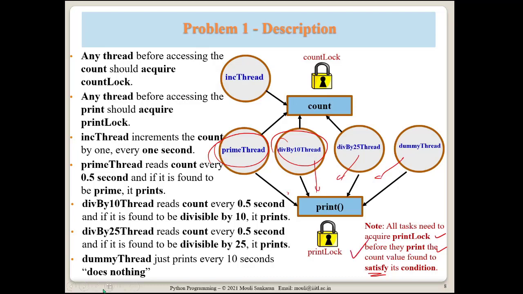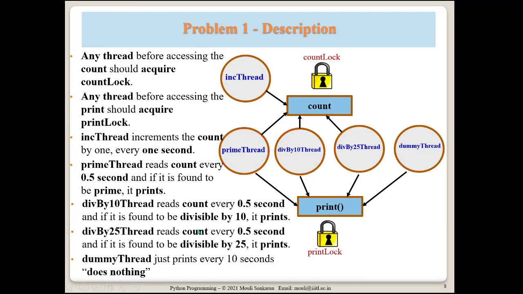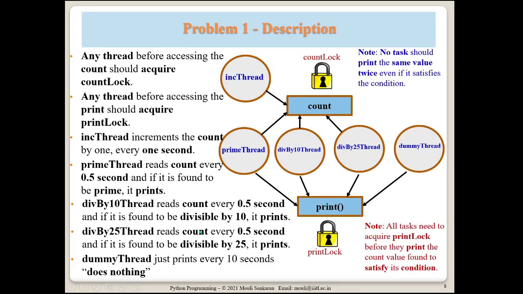Now one more condition I want you to take care of, which I found out when I ran it. No task should print the same value twice. You may wonder how that is possible. This is running every 0.5 second. Everybody is running every 0.5 second, while the counter is incrementing once in 1 second.